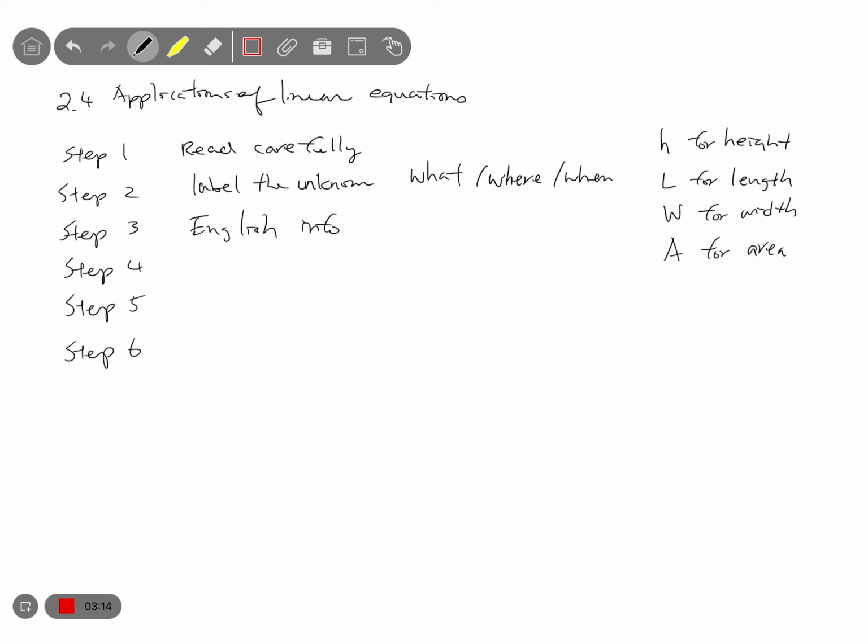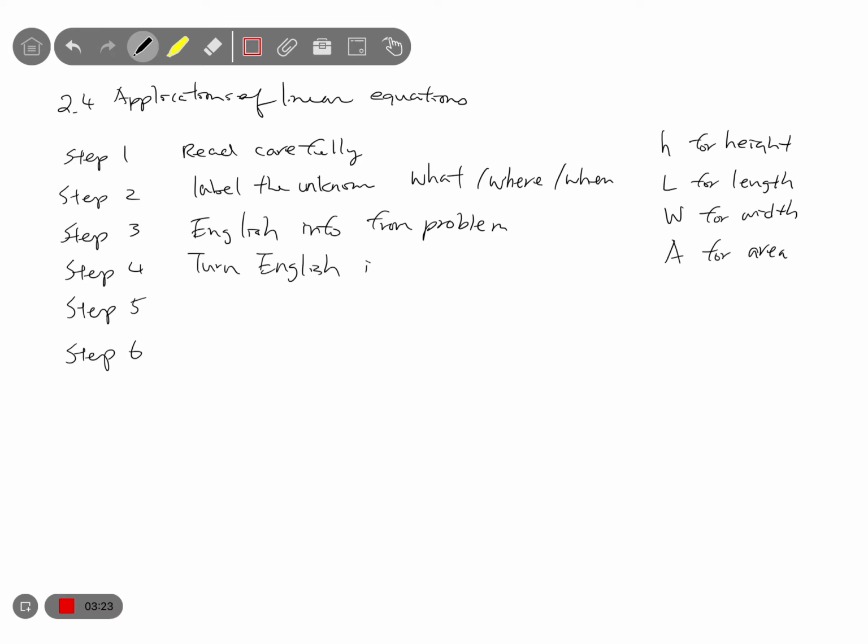Step 5 is once you have the equation, you can solve. And the last part, step 6, is make sure you can interpret, so make sure you can explain. A lot of times, some students can do the math, but they don't understand what the answer stands for. What does the answer mean? So make sure you can interpret and explain your answers.